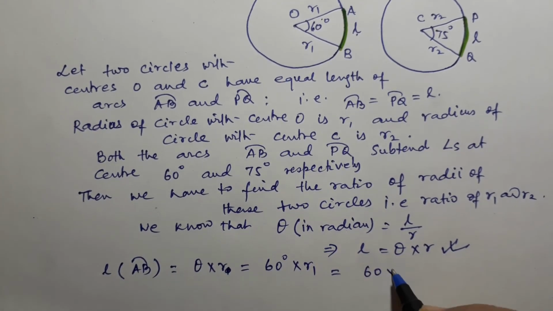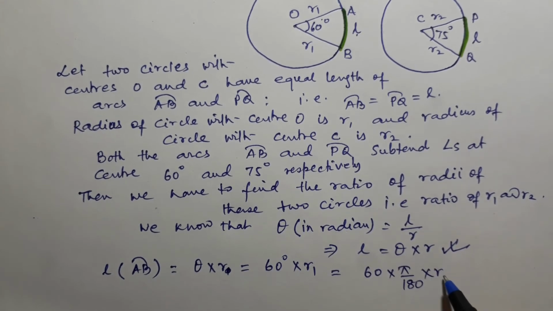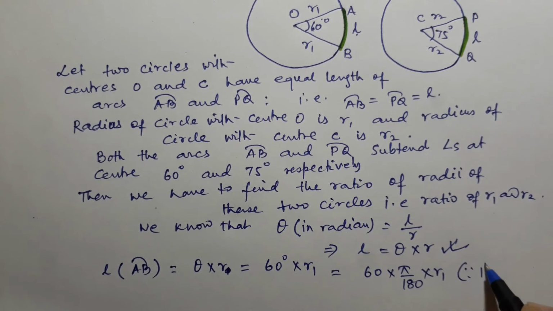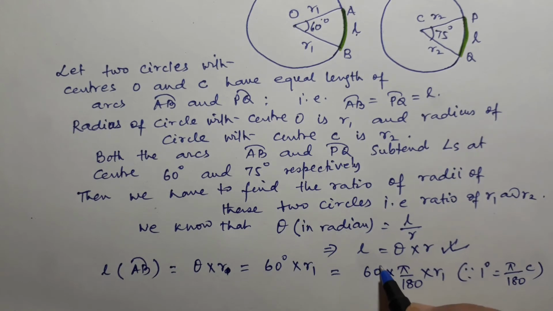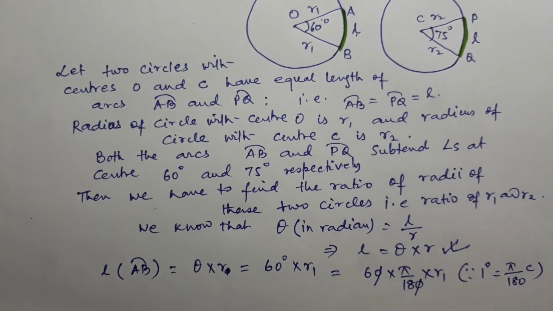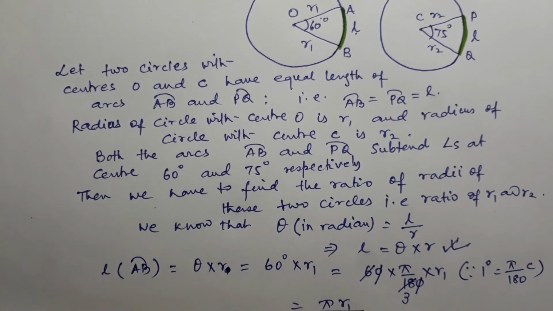For that we shall multiply by pi by 180 into R1, since 1 degree is equal to pi upon 180 radian. Okay, so 60 and 180 cancel, 3 times 6 is 18, so it will be pi R1 by 3.